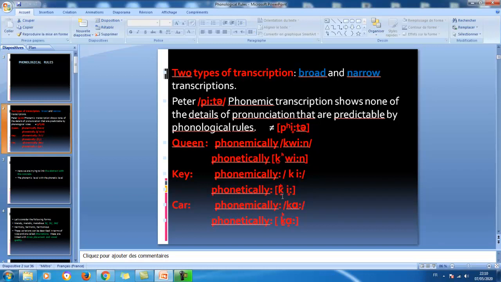What do you mean by fronted first? Let me remind you first of some distinctive features that we introduced before. We said that some sounds are back sounds and some sounds are the opposite of back, front sounds. So k is one of the sounds that are characterized as being plus back, because it is a velar sound.